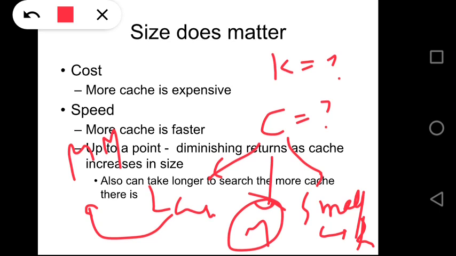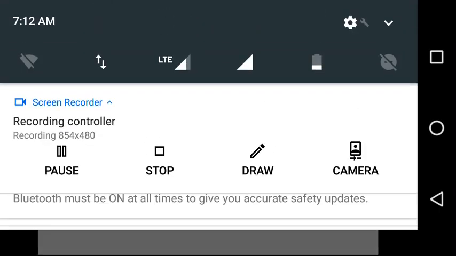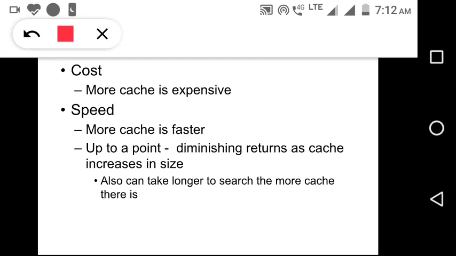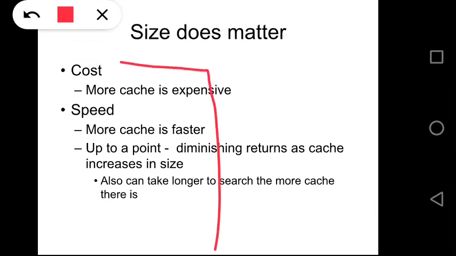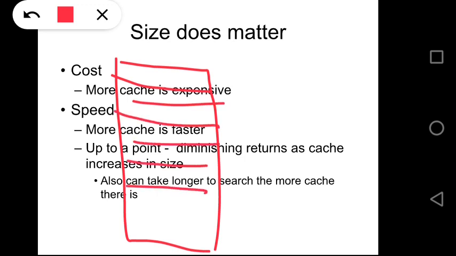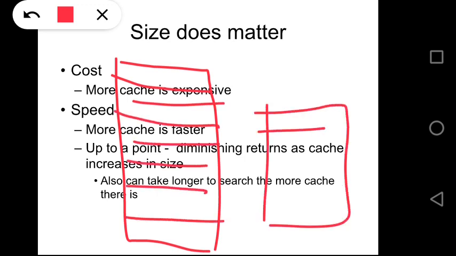See, if the size of the cache is large, then it takes more time to access a particular word. Here you should understand this point. If I have a big box, then searching for an item in that big box takes much time. If I have a small box, searching for an item in that small box comparatively takes less time.